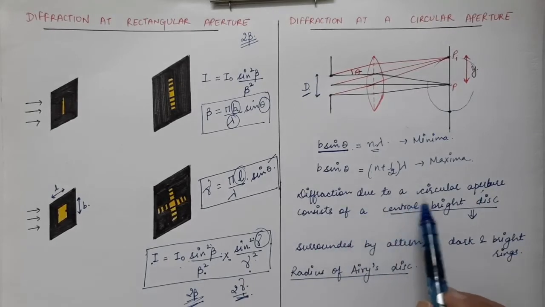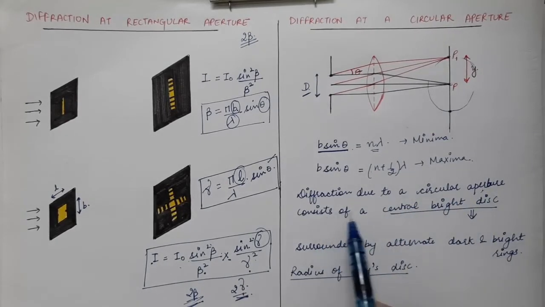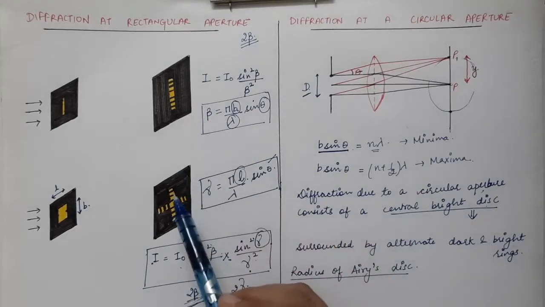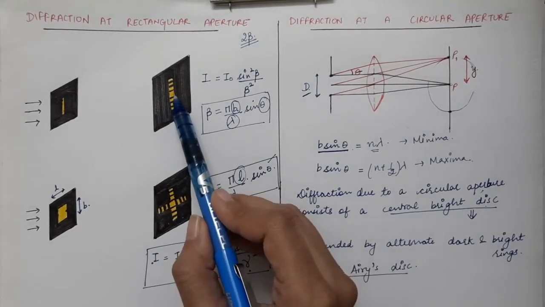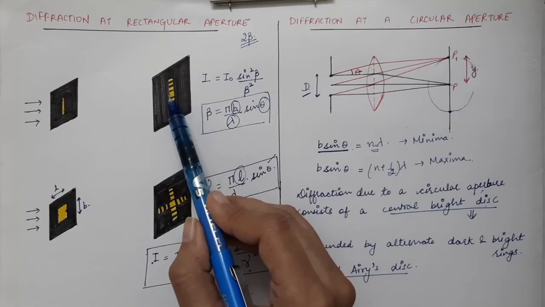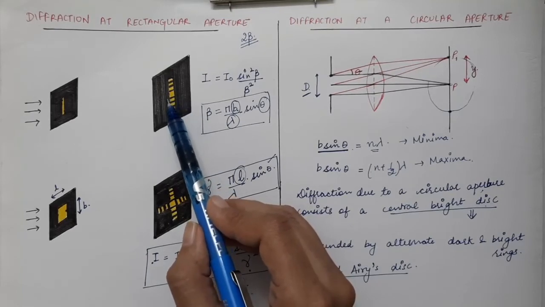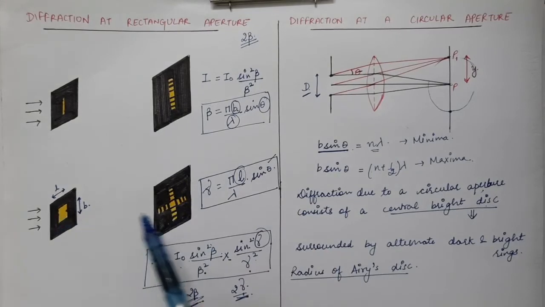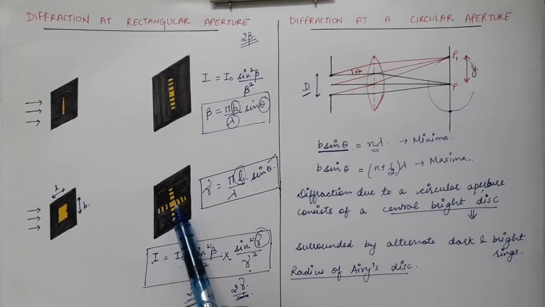So diffraction due to a circular aperture consists of a central bright disk. As in the case of the single slit, the central point is a maximum. Maximum is obtained at the central point, and similarly in the case of rectangular aperture the center is also a maximum.